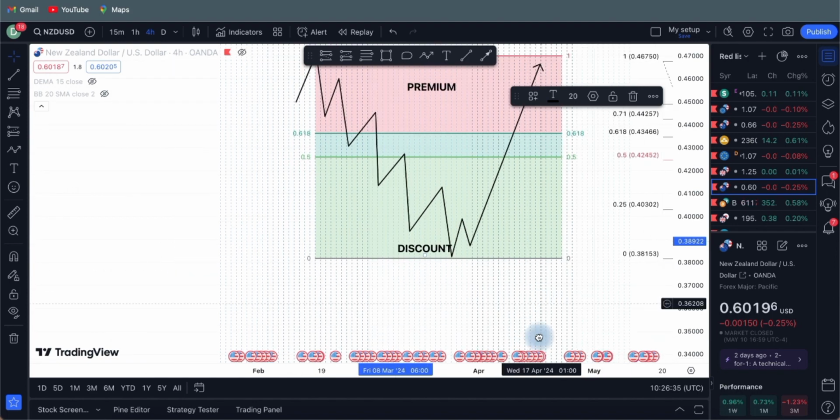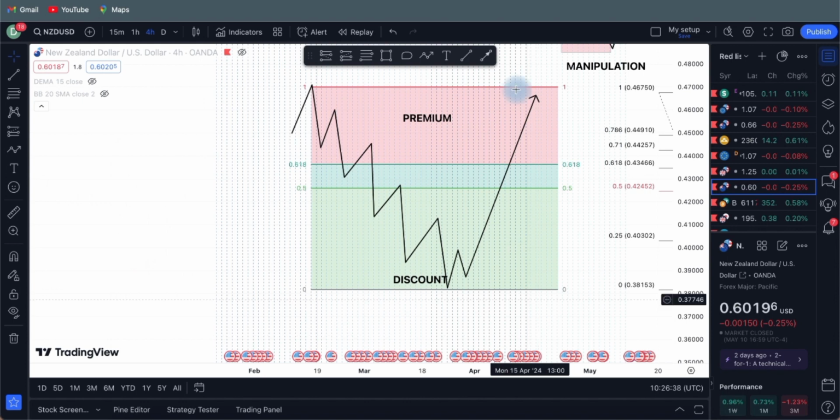People also refer to this premium and discount zone as supply and demand zones.